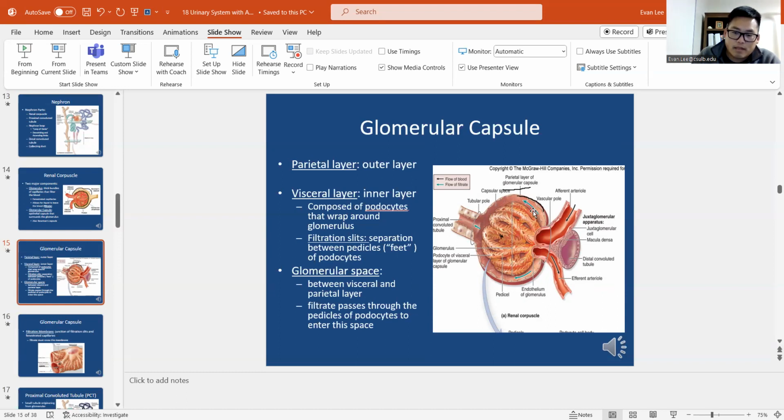But then on the glomerulus, there's the inner layer, which is made up of cells, and those cells have a special name: podocytes. The reason they're called podocytes is because they have these little feet, and those feet form a mesh together.